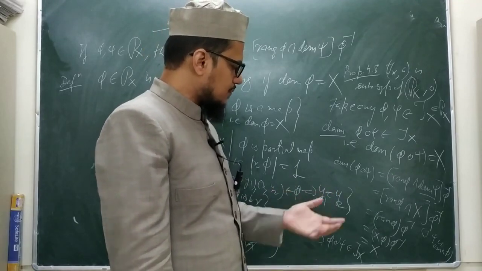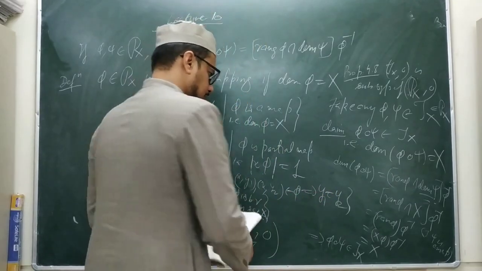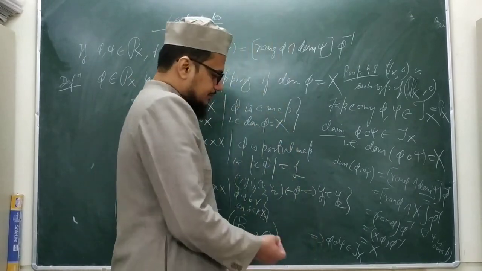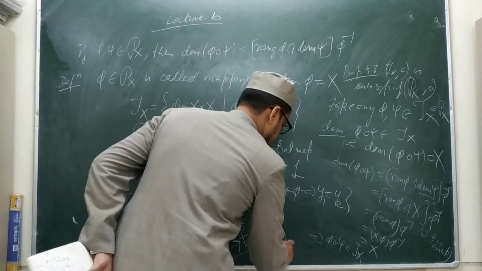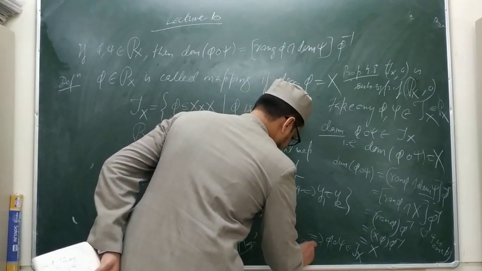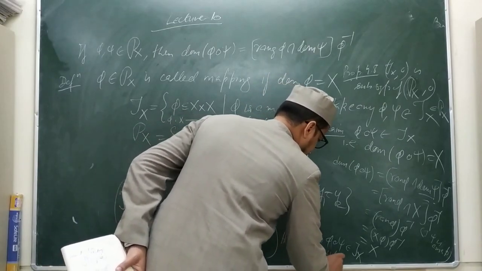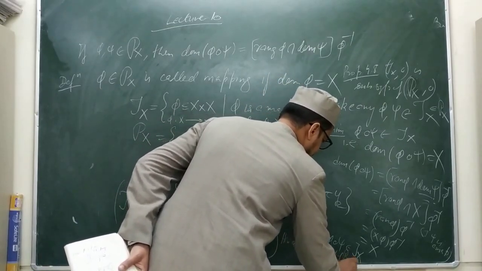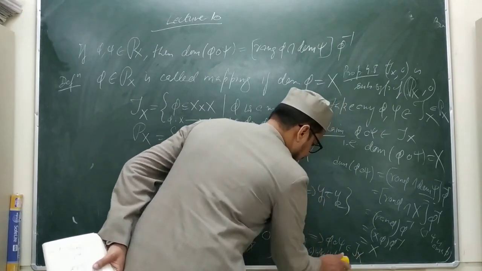So in this way, phi composition psi goes in tau X, and hence tau X is a subsemigroup of Px. Just I am writing.